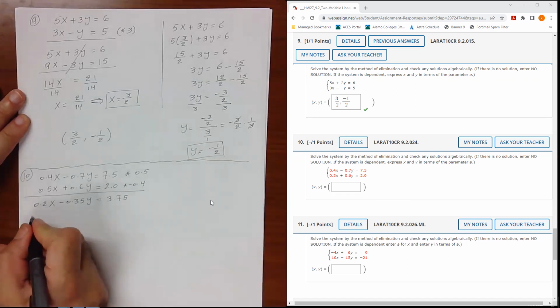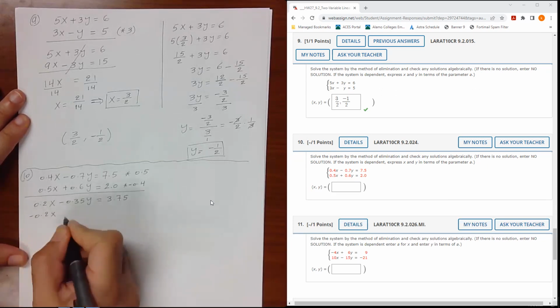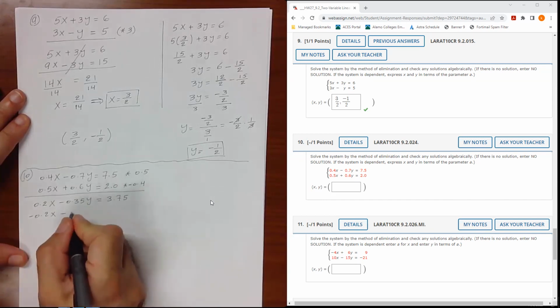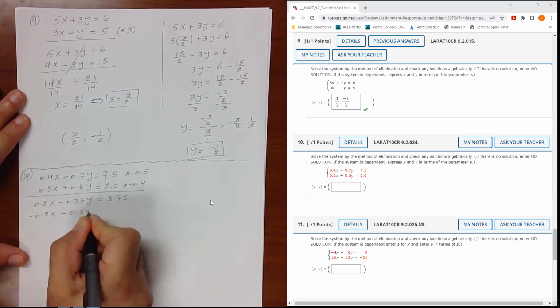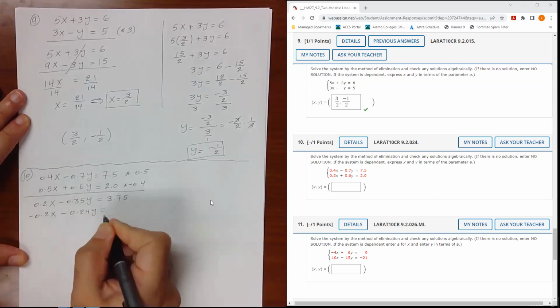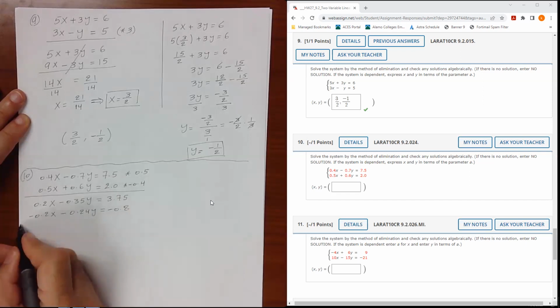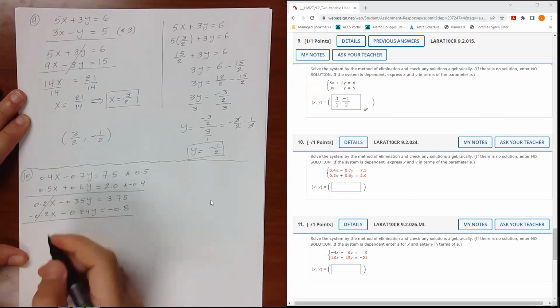So we're going to get here negative 0.2x minus 0.24y equals negative 0.8. So the x terms cancel.